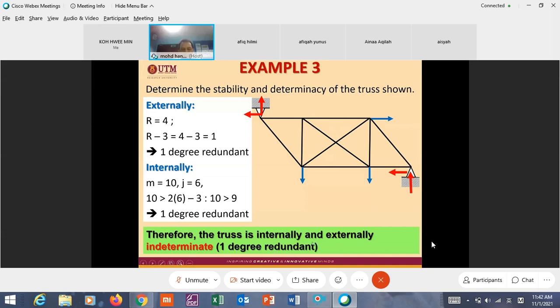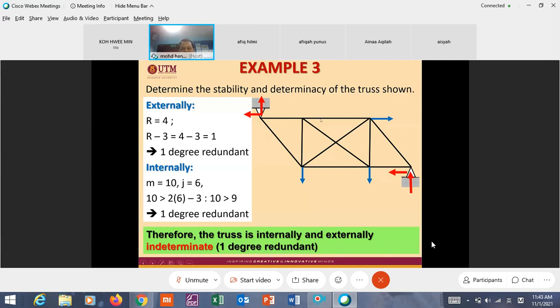So we call it internally indeterminate, 1 degree of redundancy. And when it is internally indeterminate, we cannot solve the problem here. We have to solve the problem next year, using virtual method or using computer application.